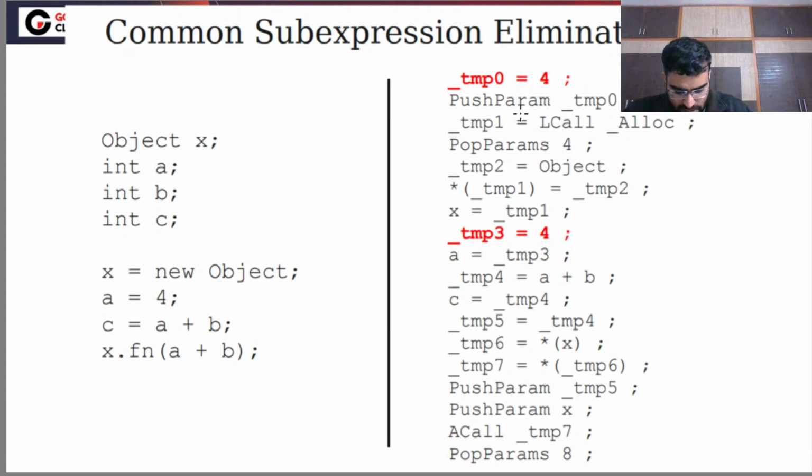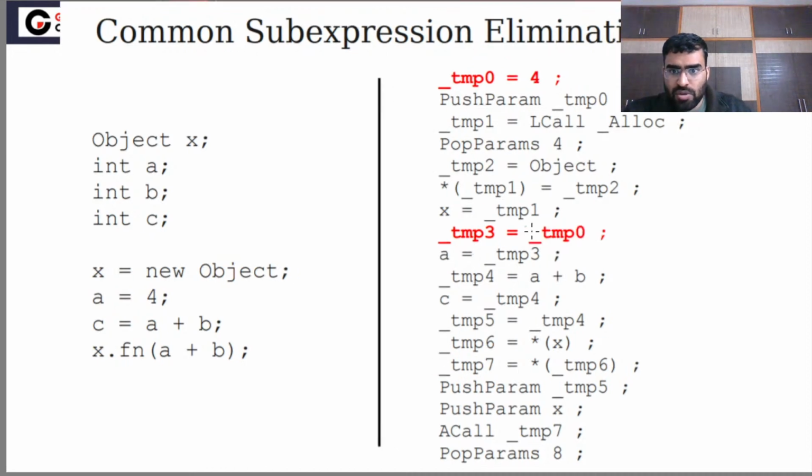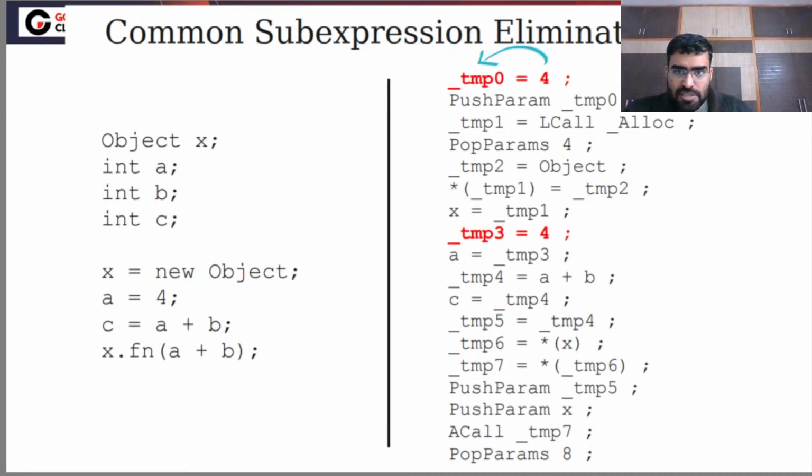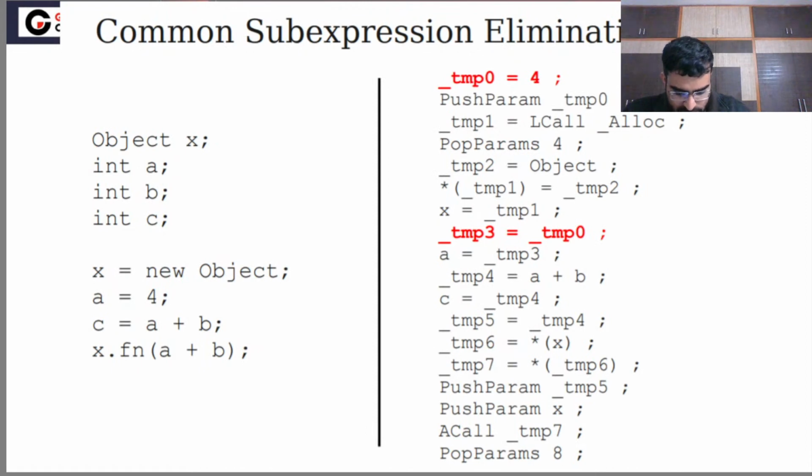Now you can notice that this is also common subexpression elimination, because this 4 is already stored in temp0.